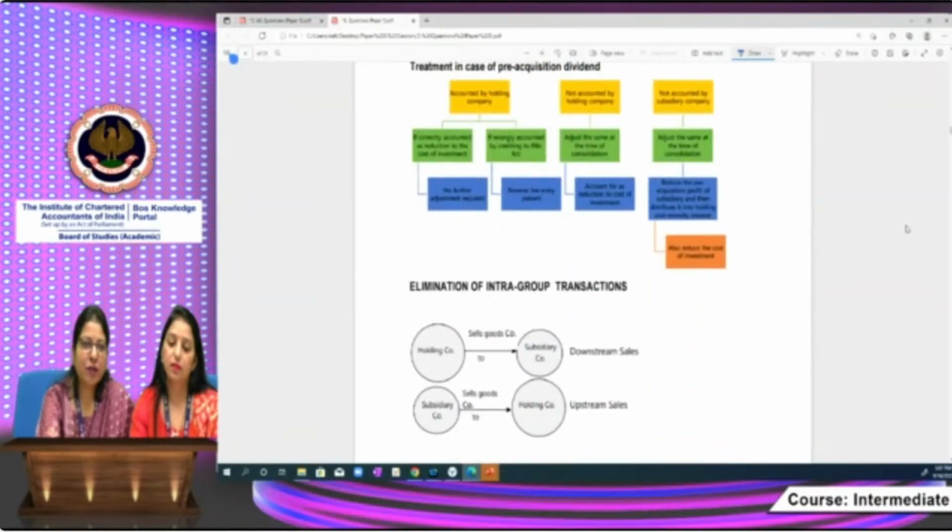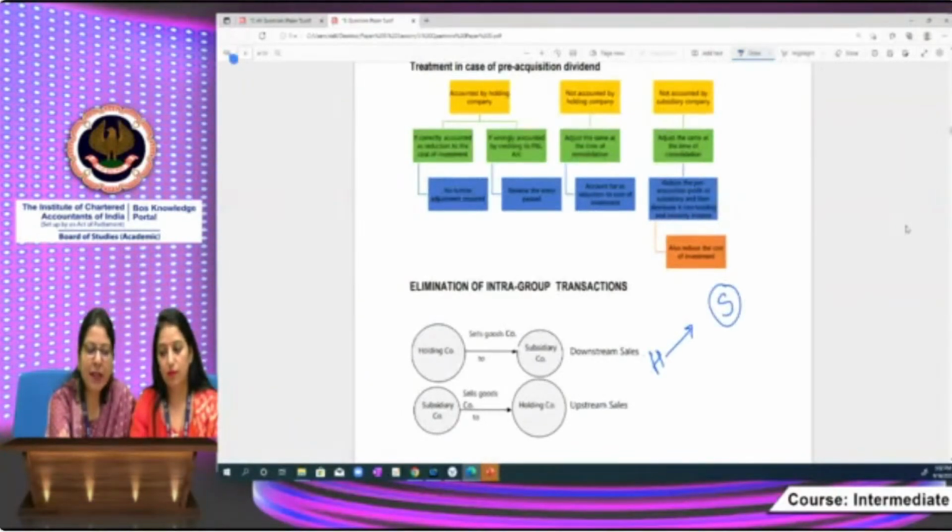Regarding elimination of intra-group transactions, if any holding company has sold any goods at some profit to the subsidiary company during the year, then what has to be done? If holding company has sold to subsidiary company, then it will be a downstream transaction, and if subsidiary company has sold something to holding company, then it will be an upstream transaction. Now what is the difference?